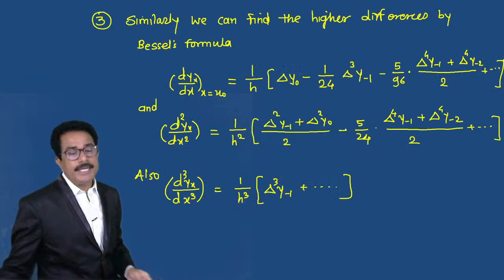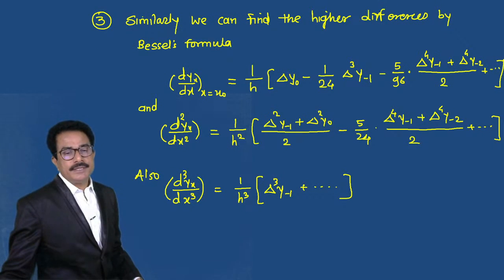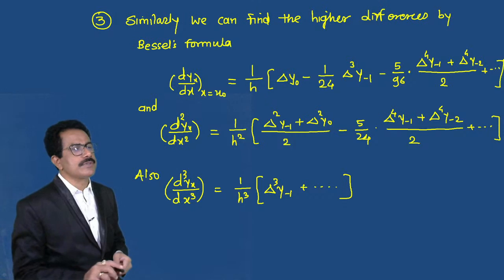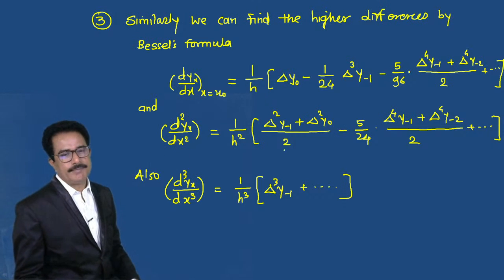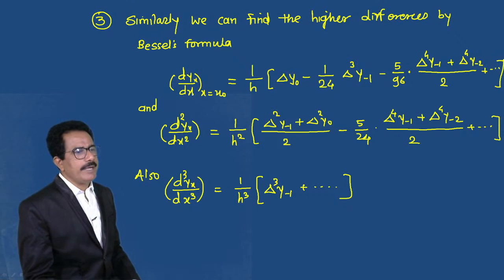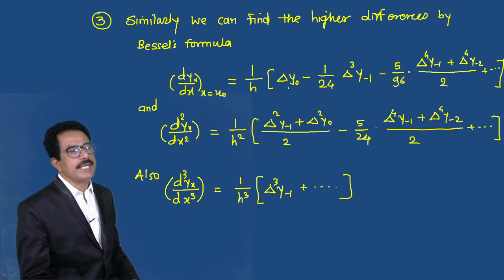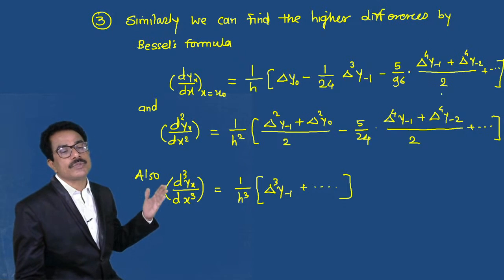Now similarly we can obtain the higher order derivatives. Similarly, we can obtain the higher order derivatives by using Bessel's formula. dy by dx is equals to 1 upon h delta y0 minus 1 upon 24 delta cube y minus 1 minus 5 by 96 delta 4y minus n plus delta 4y minus 2 upon 2.